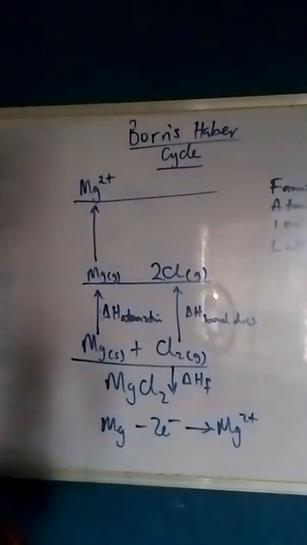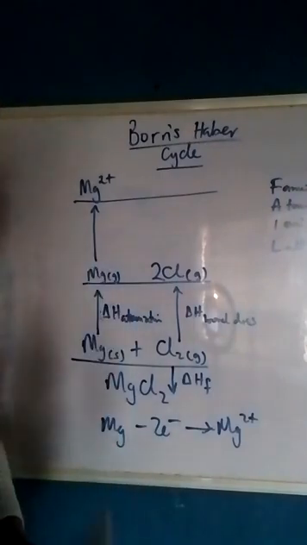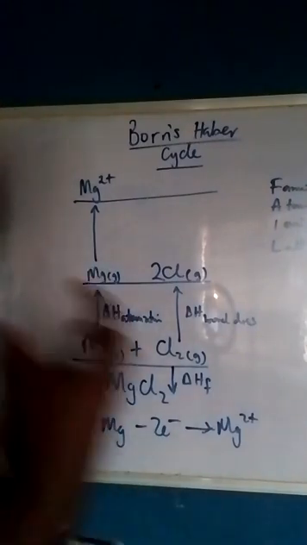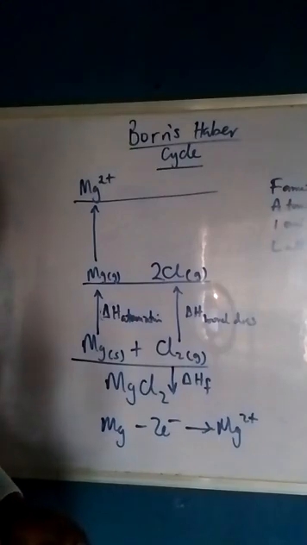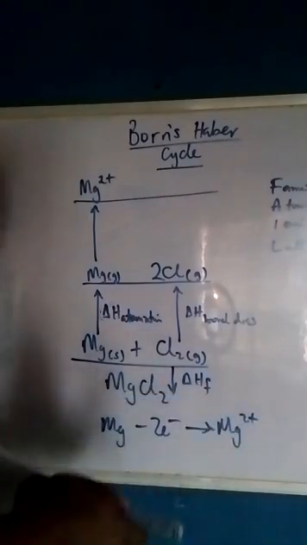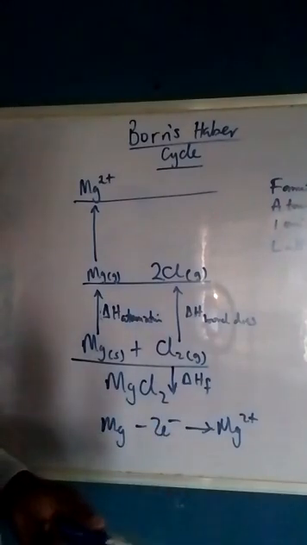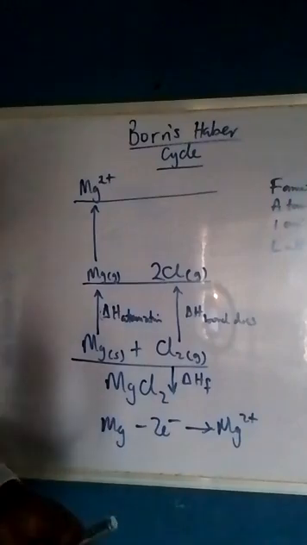Losing two electrons means it's going to have two ionization energies, the first ionization energy and the second one. When it loses the first electron, it requires energy to take out the first electron, and then it absorbs another energy to take out the second electron.